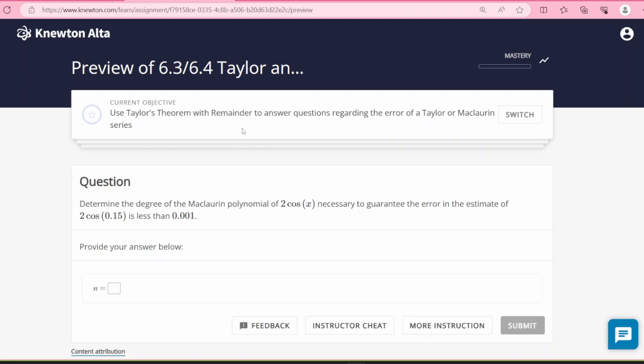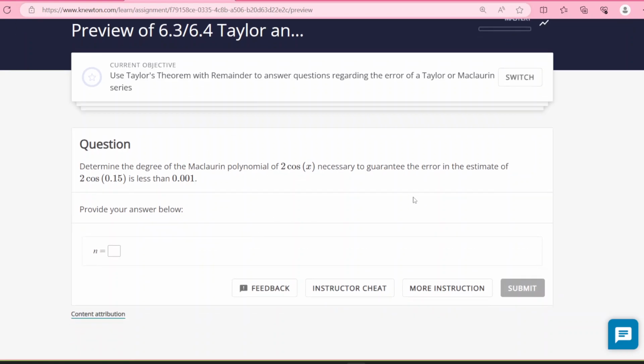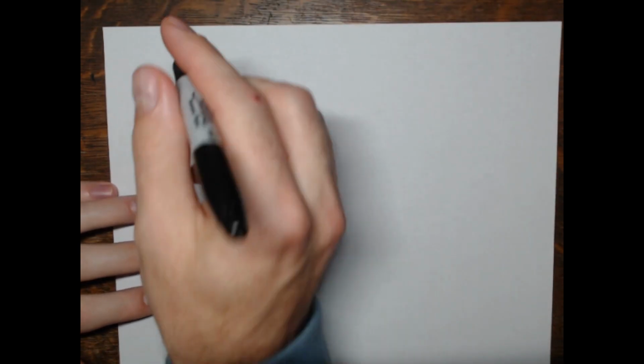So first, let me bring up what this Taylor's theorem with remainder is, and then we'll apply it to our problems here. Okay, so hopefully you'll recall from last video what a Taylor series centered at x equals a was. I'll still write it up.